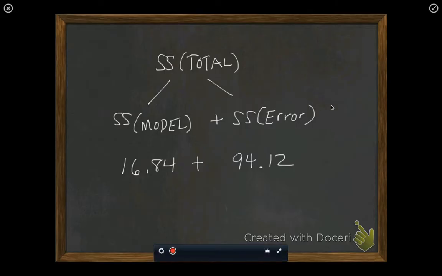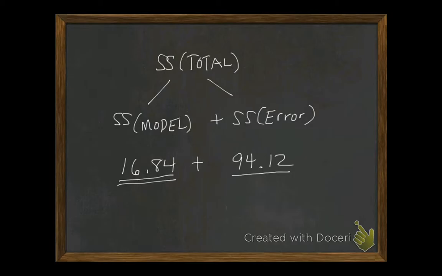Now, when we add the covariate, here's what we're going to expect. First of all, we're going to expect the 16.84 to remain stable. If it doesn't remain stable, then we have issues. The next thing is this unexplained variation over here, the error. Some of that is going to be taken by the covariate, so we're going to have more explained variation, and there's still going to be some error.